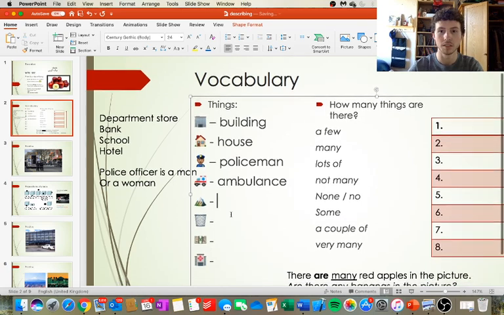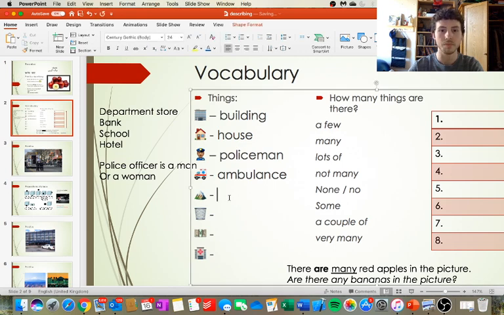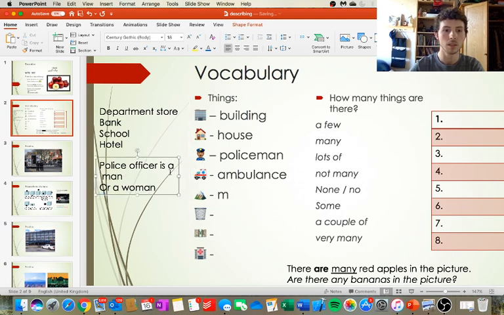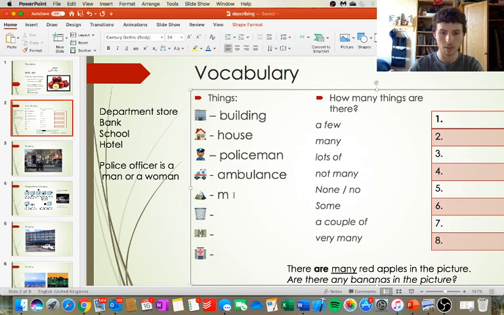Next one. This one is mountain, right? Mountain. This one.